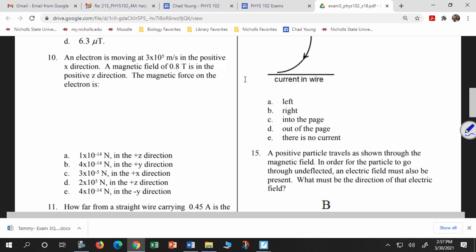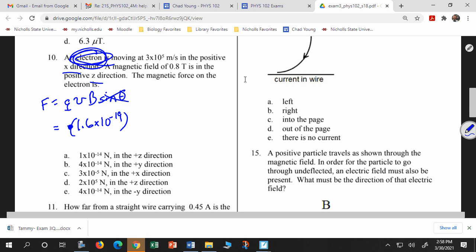Here, let's just figure out the force. F is QVB sine theta. Don't forget your sine theta term, though, and often the angle's not given. That means that it's orthogonal or perpendicular, which it is. It's x and z directions. Those are orthogonal to one another. Negative 1.6 times 10 to the minus 19. It's an electron. I'm going to circle this so I come back and think about it at the end.